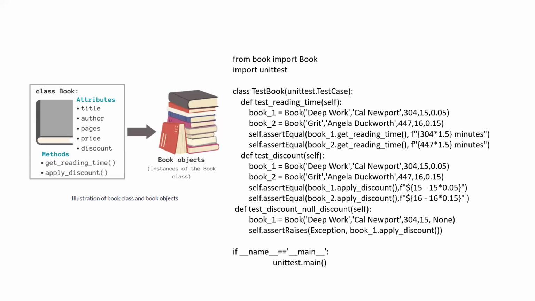Yes, sir. Okay. Now inside this class I have written two methods. First one is get reading time and apply discount. These are the two methods I have written inside this class named Book. Now you know that we instantiate a class multiple times.